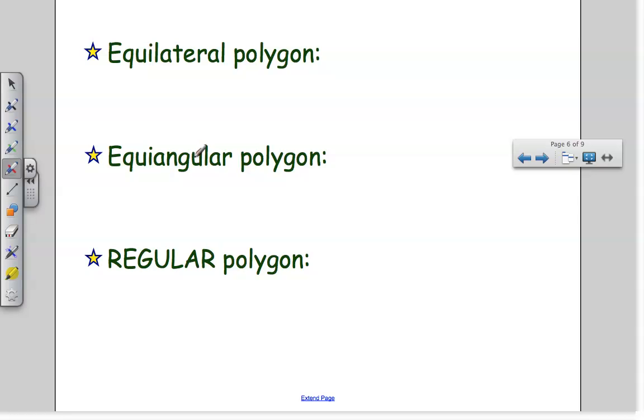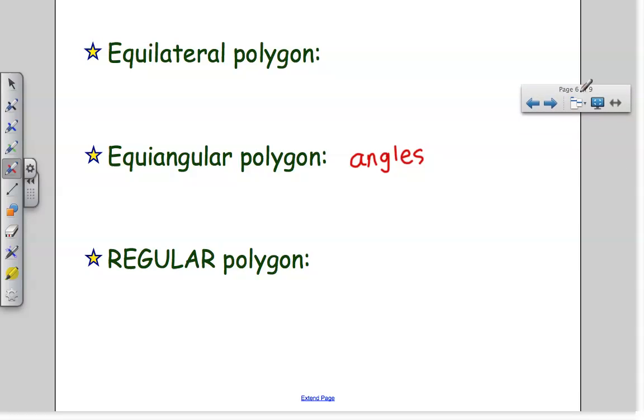So equal angles must mean that all of the angles are equal. But actually, we need a better word than equals. We're talking geometry here. The angles are not equal. The angles are congruent. That's our term for the same or equals in geometry. So in an equiangular polygon, the angles are equal, or congruent.